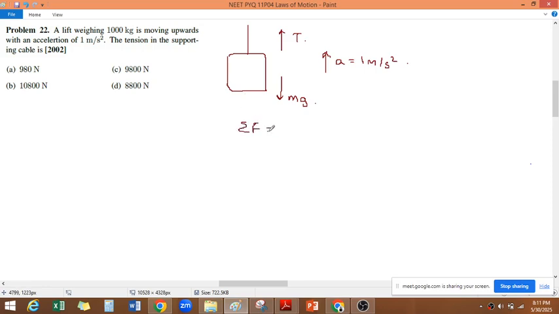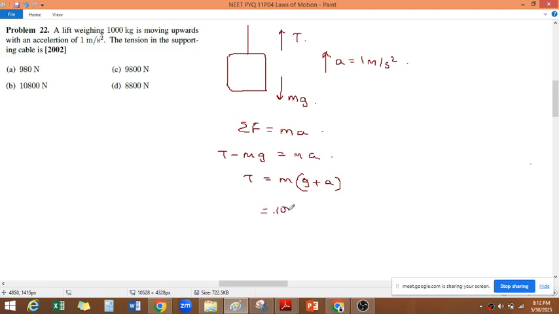Very simple, sigma F is equal to ma, T minus mg is equal to ma. So T is equal to m(g plus a). I told you whenever it is going upwards, the tension will be more. Whenever it is lowering downwards, the tension will be less. It will become g minus a.